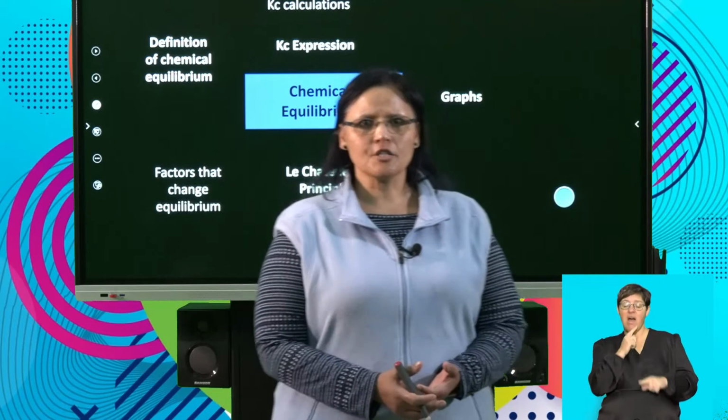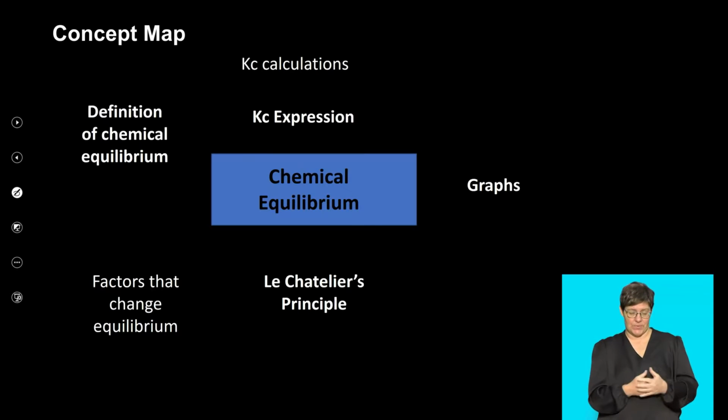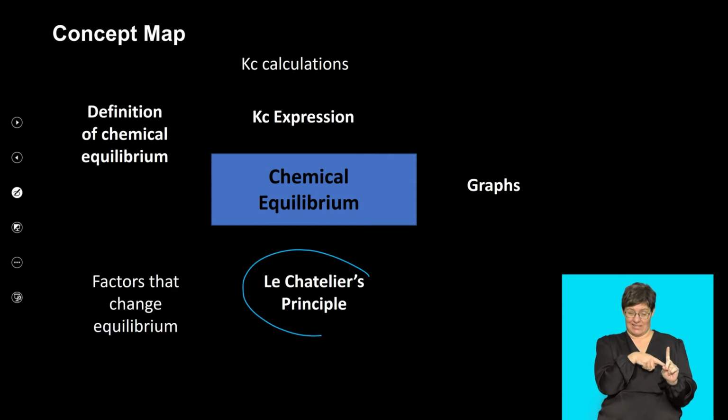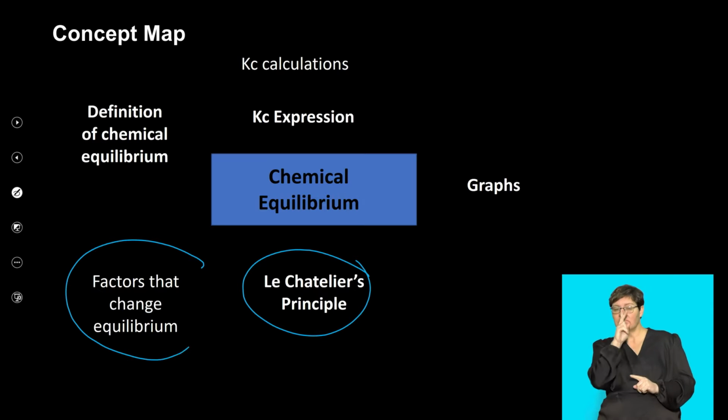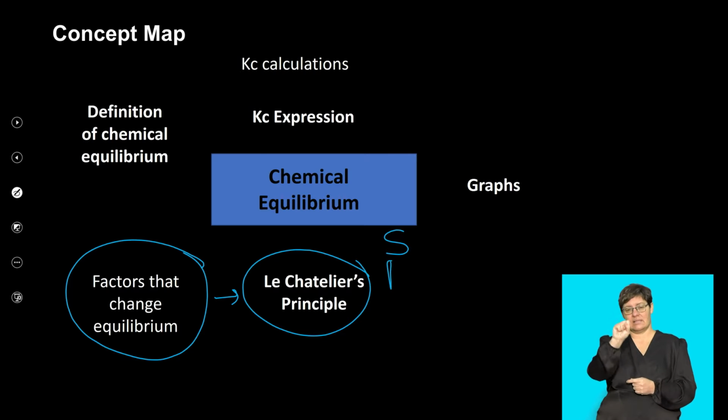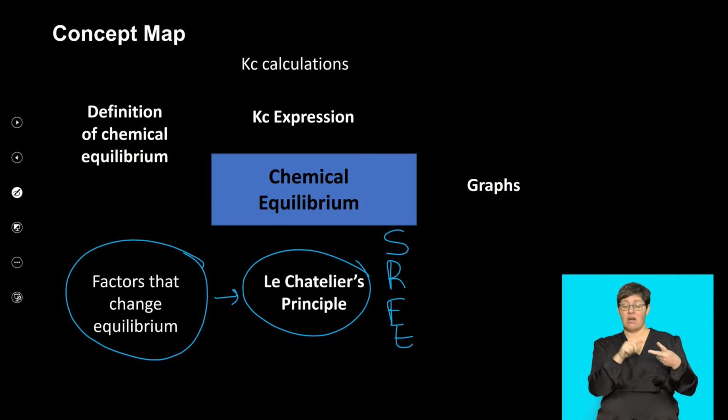I would now like us to go into this session where we will use Le Chatelier and look at the factors that change the equilibrium, and also show the S-R-F-E that we spoke about in the previous section. Remember, the S is for the stress, the R is the response, the F is which side or which reaction will be favored, and the E is the effect after equilibrium.